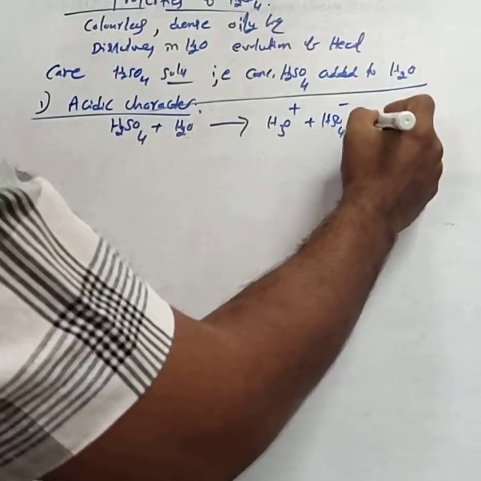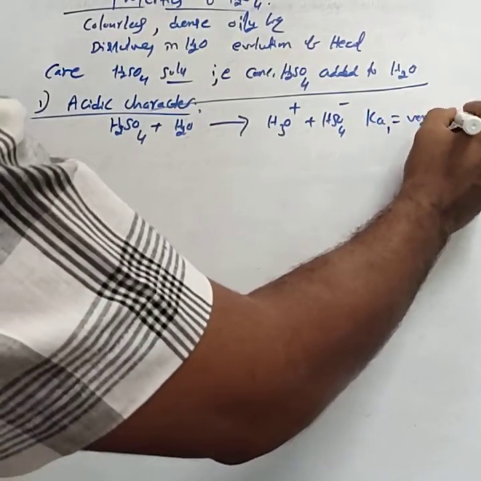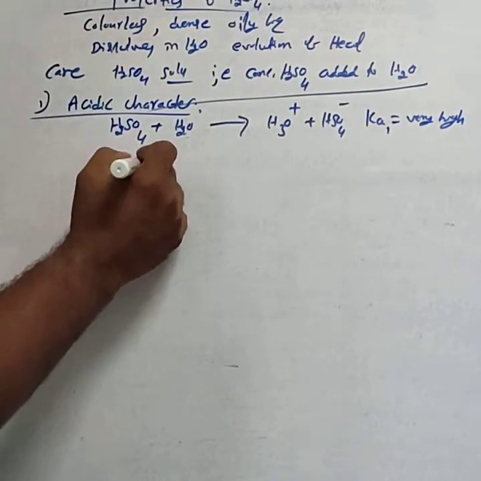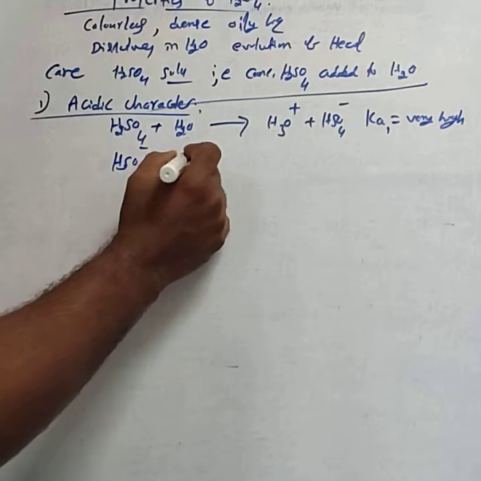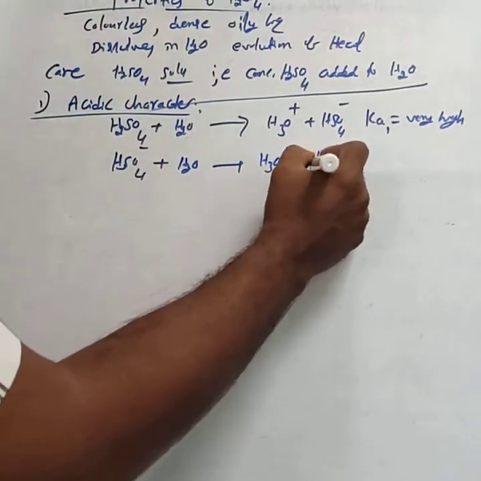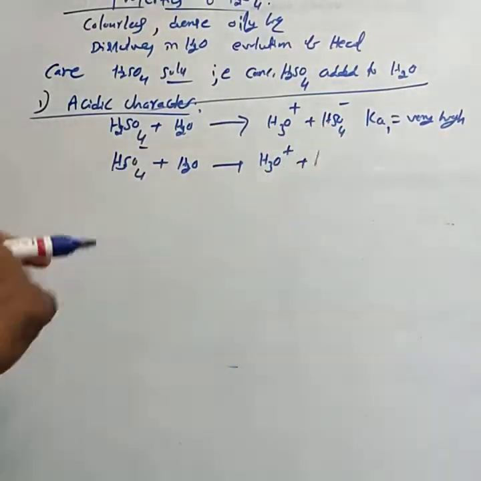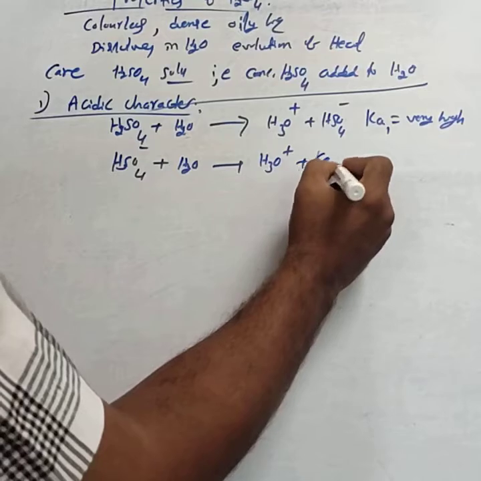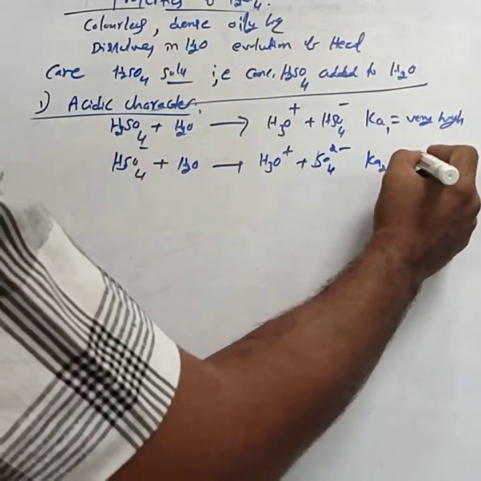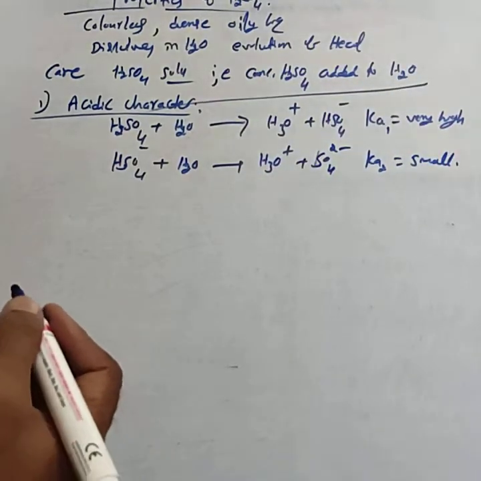For this step, Ka1 is very high. Similarly, HSO4 minus again dissolves in water to form H3O plus and SO4 2 minus. For this step, the Ka2 value is very small.